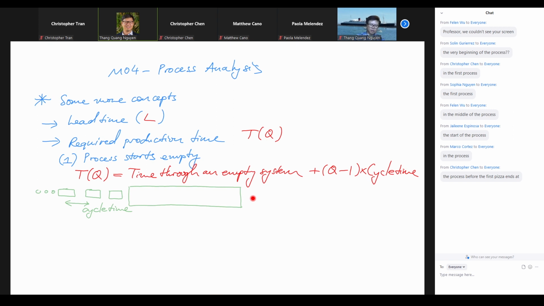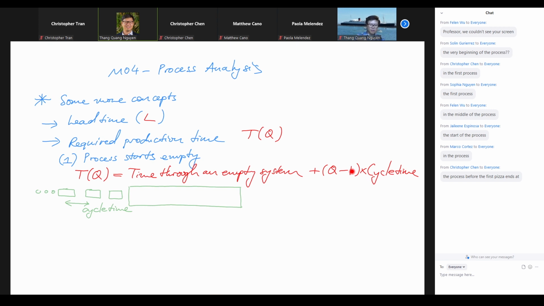That's why for the remaining 19 pizzas, we don't have to calculate time through an empty system anymore, because they already line up right behind the first one. After every cycle time, another pizza comes out. So for the remaining 19 pizzas, we just count 19 cycle times.